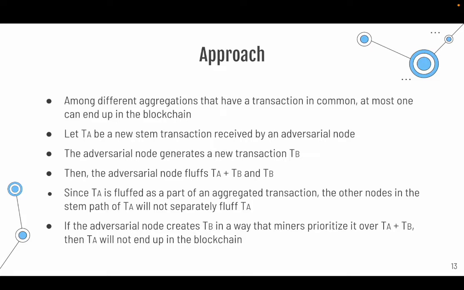And therefore, TA will not end up in the blockchain. And therefore, with this approach, the adversarial node can prevent transaction TA from ending up in the blockchain.